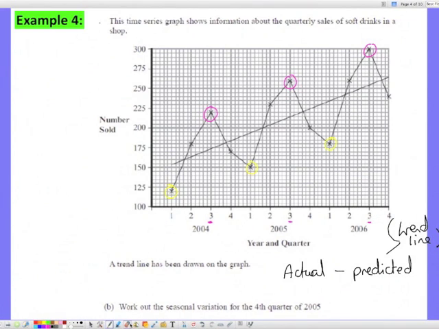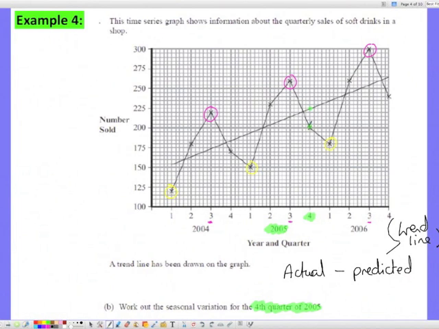We're interested in the fourth quarter of 2005. So we're looking at 2005, the fourth quarter. We're looking at this value here, which is the actual, and this value here, which is the predicted. So let's take a look here on our graph using a ruler, or put your finger across.